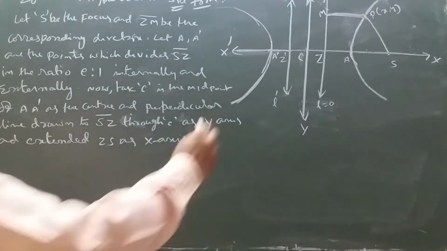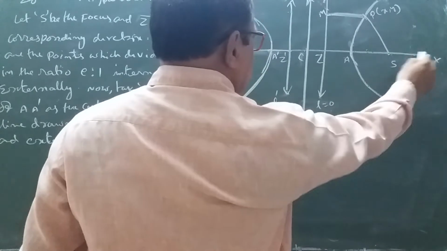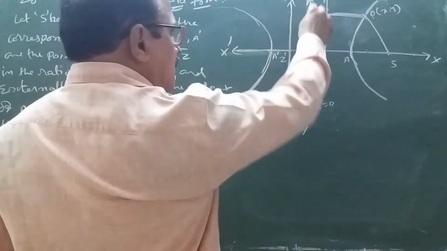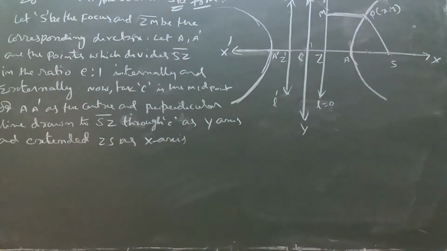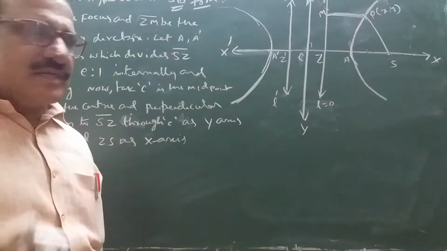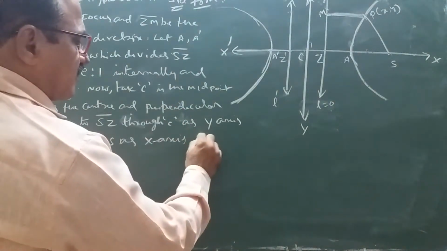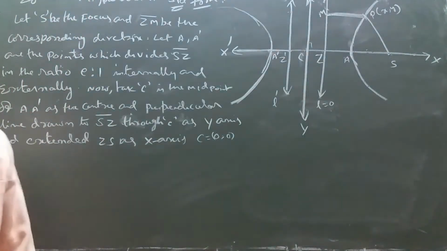In that way, this is the x-axis, extended ZS, and the perpendicular line through C, which is perpendicular to ZS, is the y-axis. So the coordinates of C are (0, 0). We take C as the origin.